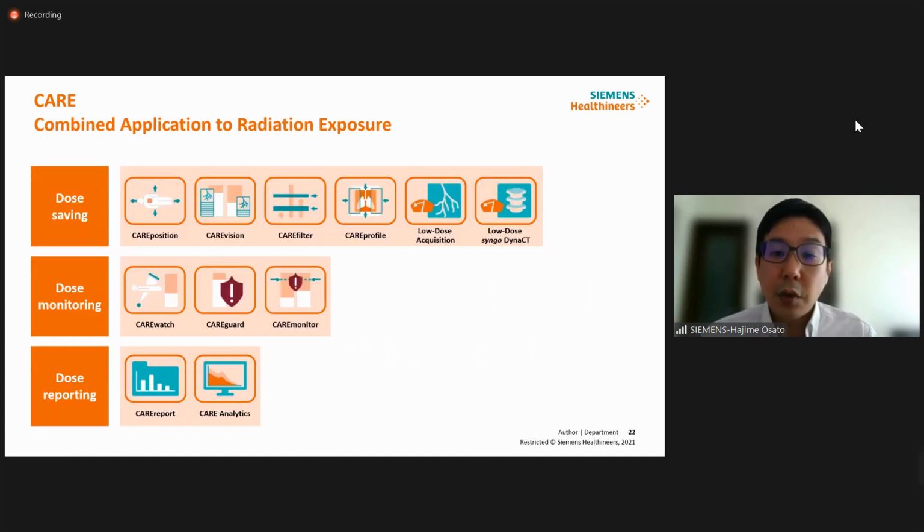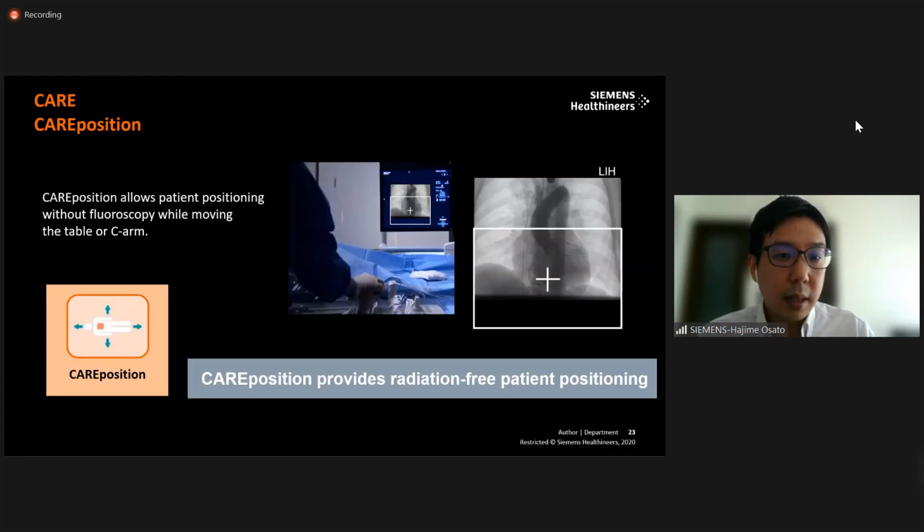CARE is the short name of combined applications to reduce exposure. There are several applications, and I introduce a few today. First, CARE Position. It is useful for patient positioning without fluoroscopy while moving the C-arm or table.